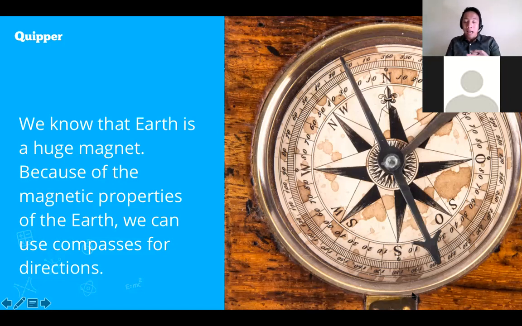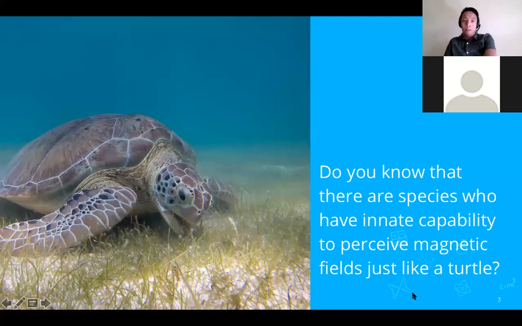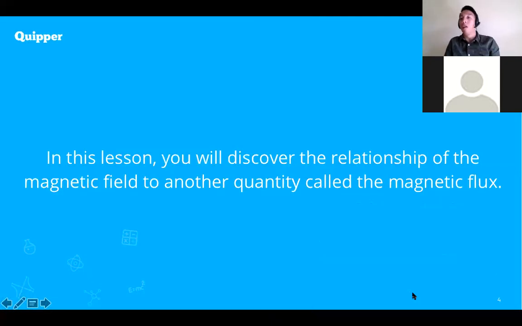So that arrow is actually pointing to where our magnetic field is, right? So that is one application. So in this lesson, we will discover the relationship of the magnetic field to another quantity called the magnetic flux, just like the relationship between electric field and electric flux.